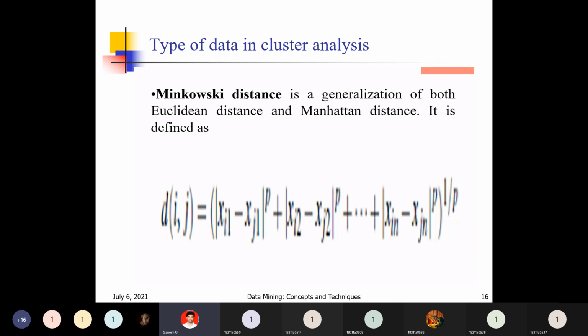When you need Euclidean distance or Manhattan distance, you can go through those. Generally, you will go for Minkowski distance if you are not calculating those two.